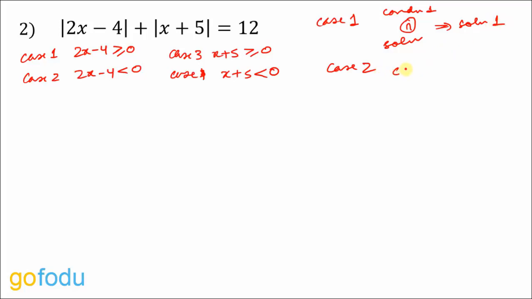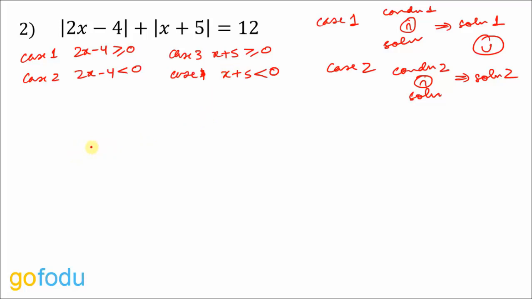For case 2 also we obtained a condition 2 and a solution, and we took intersection of condition 2 and solution and obtained solution 2, and finally we took union of solution 1 and solution 2. So the same thing we are going to do here, but instead of getting confused with these four cases, we will do the same thing differently.